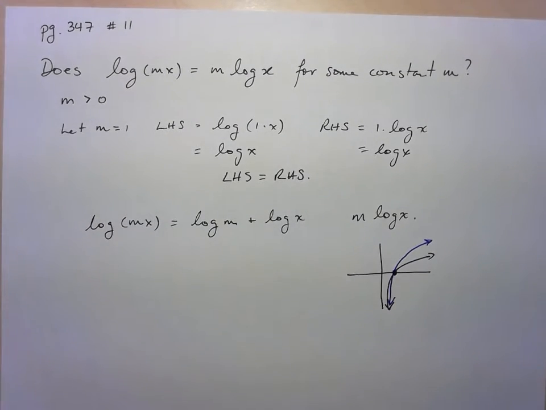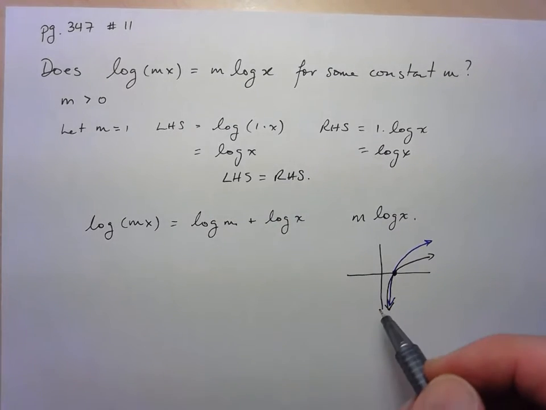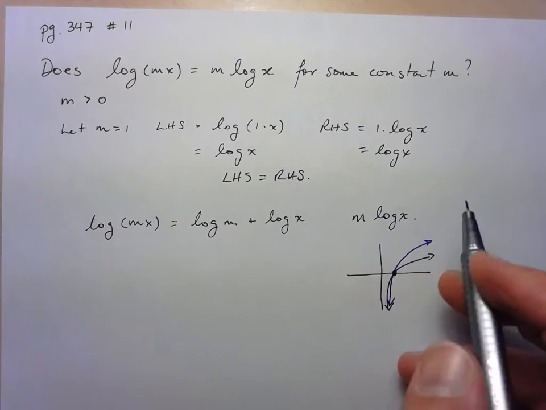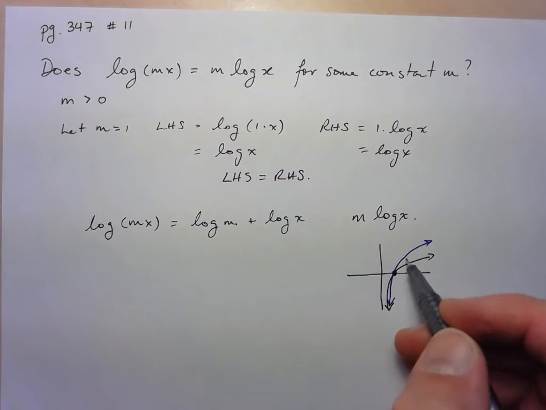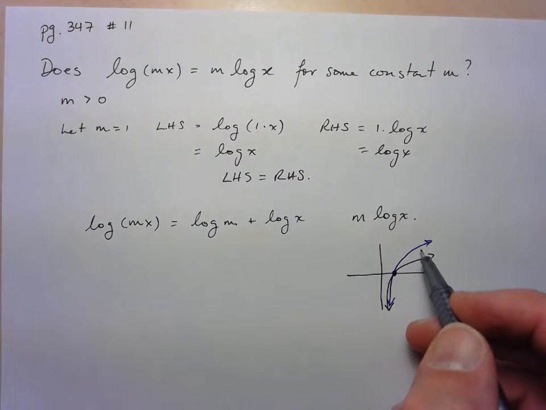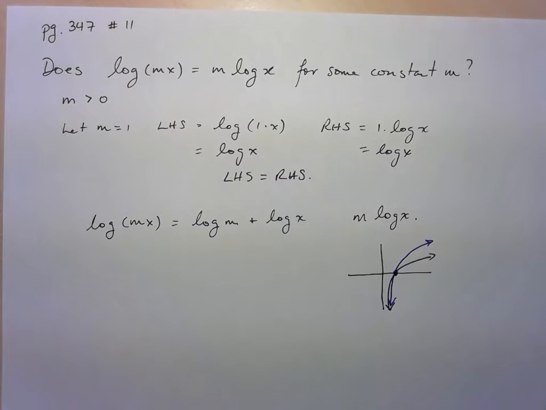Since m has to be positive, which we already determined, I know there can't be any flips going on. So I know that this expression would be represented graphically by this blue function, unless m was equal to 1, in which case it would just be log x. But we've already dealt with that.